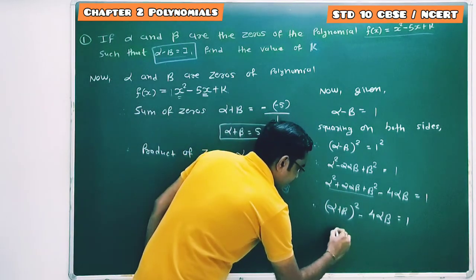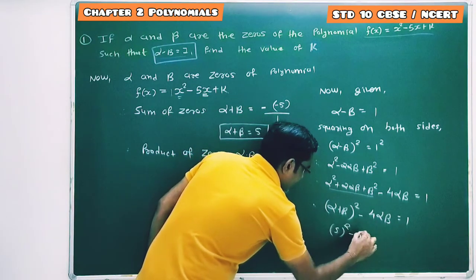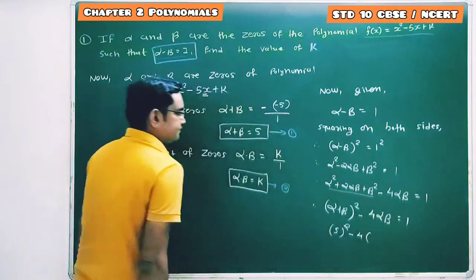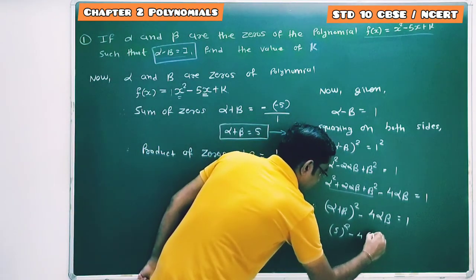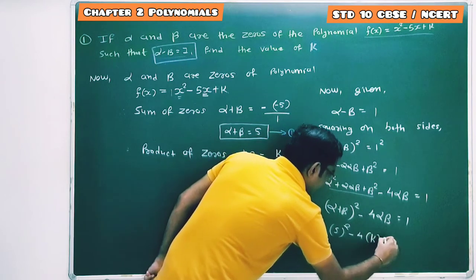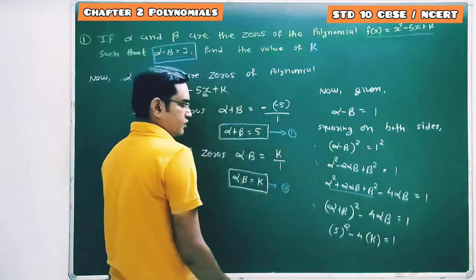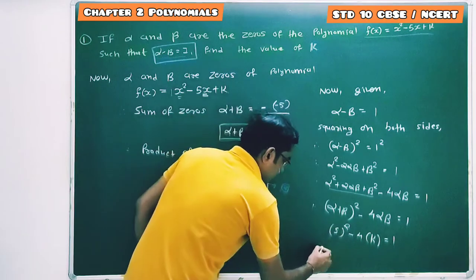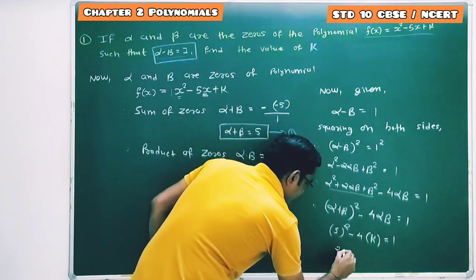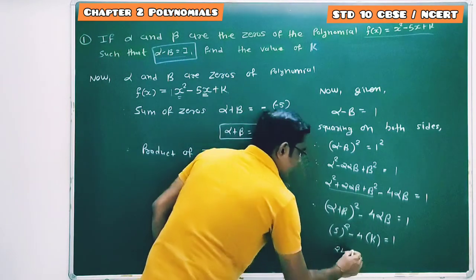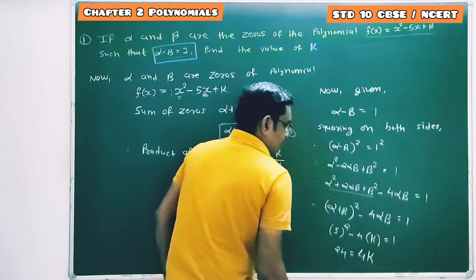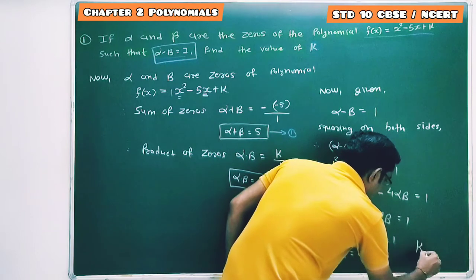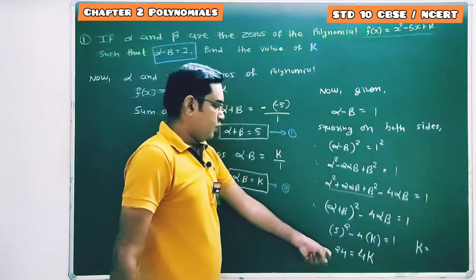So it's 5 square minus 4 into alpha beta, product of zeros, which is equal to k, equal to 1. So 5 square is 25 minus 1, so it's 24 equal to, taking this minus 4k on the right hand side, it's plus 4k, and therefore we are getting k equal to 24 by 4.